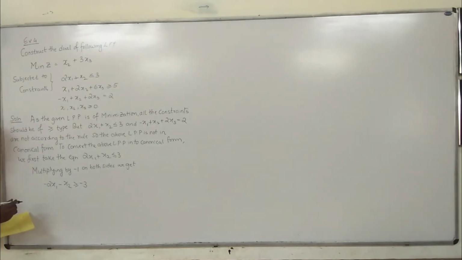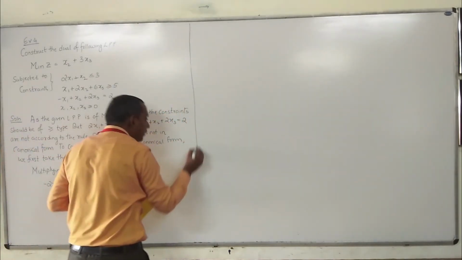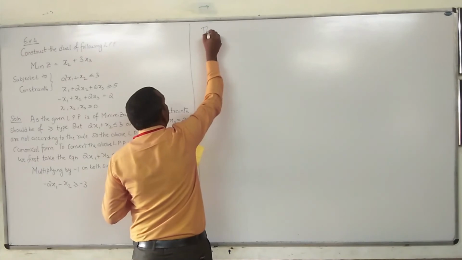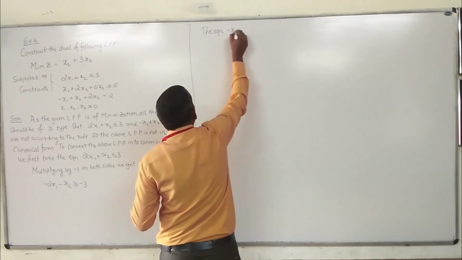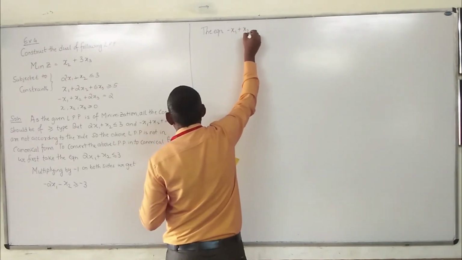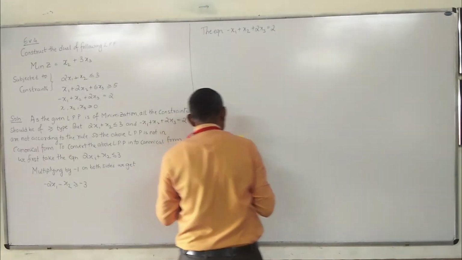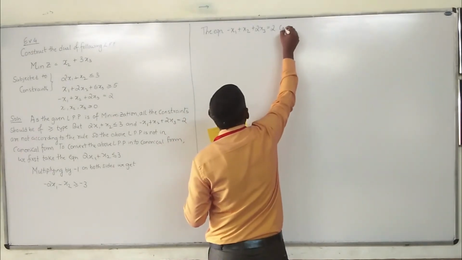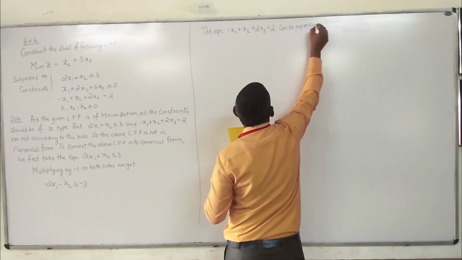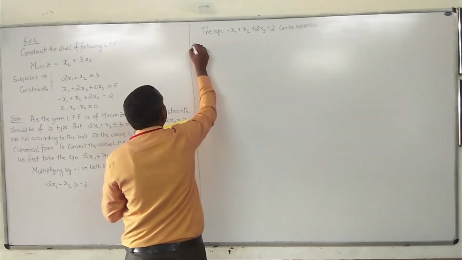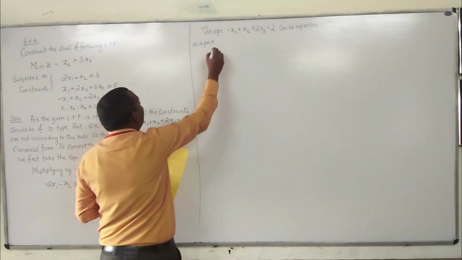Next comes the equation minus x1 plus x2 plus 2x3 is equal to 2, which can be expressed as a pair of inequalities.